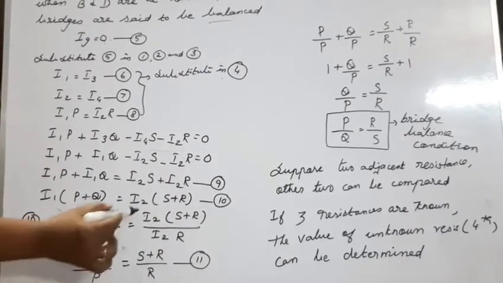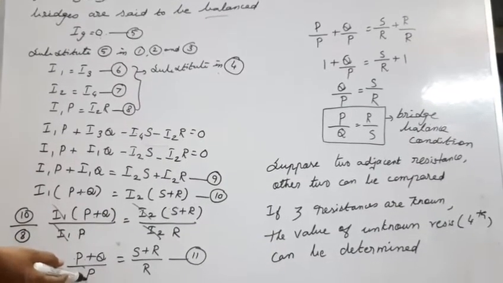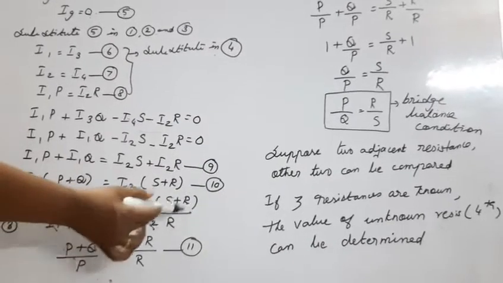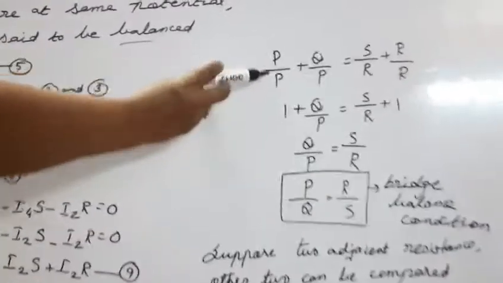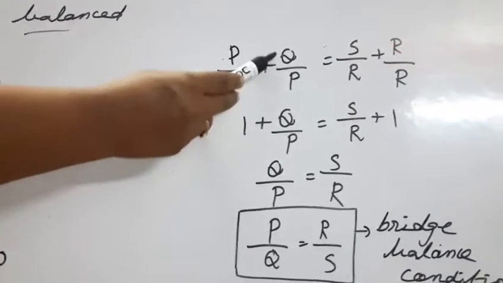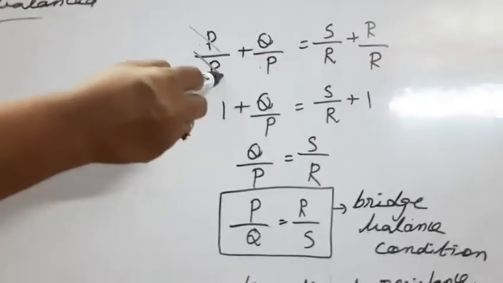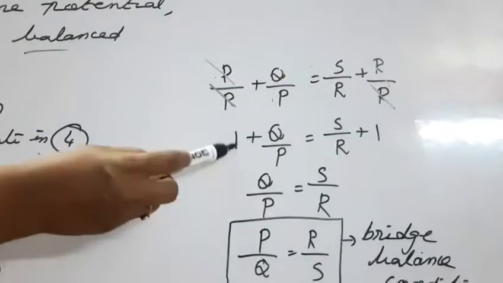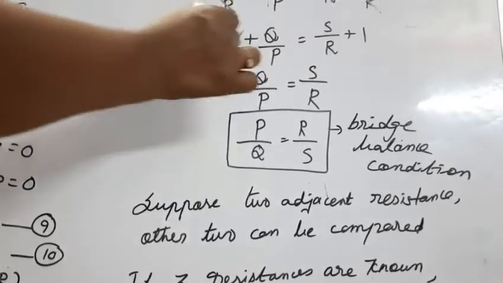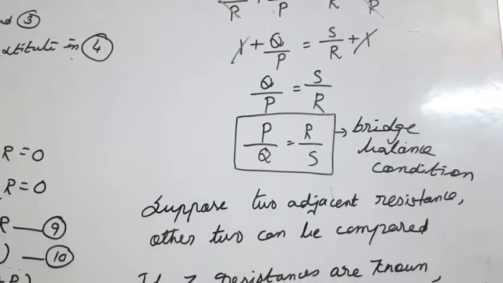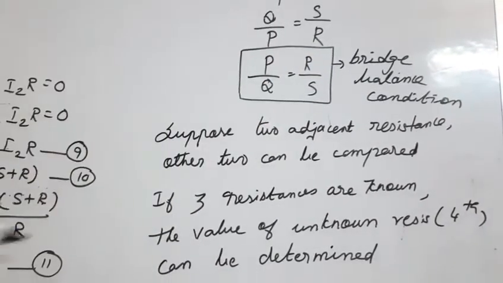So I1 cancels, I2 cancels. We get (P plus Q) by P equals (S plus R) by R. Writing the dividing content separately, P by P plus Q by P equals S by R plus R by R. P by P cancels to 1. So 1 plus Q by P equals S by R plus 1. Both the 1s cancel. So taking the reciprocal, P by Q equals R by S. This is the bridge balance condition.